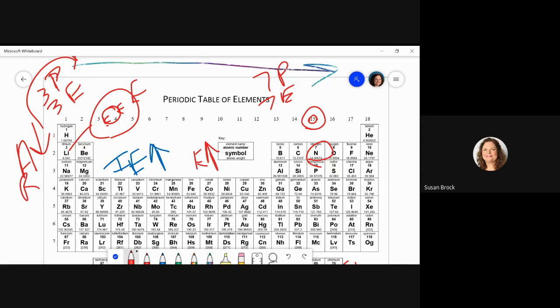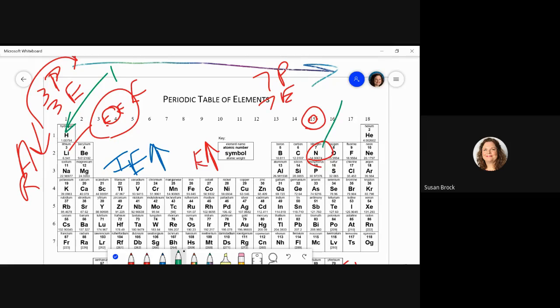Electronegativity increases because, if you want to say it this way, the effective nuclear charge increases. So the effective nuclear charge increases because you have more charges, more attraction. So here in this group, the effective nuclear charge is 1.